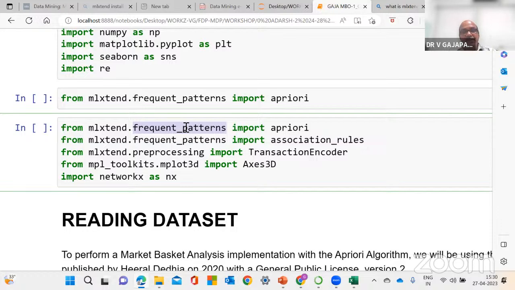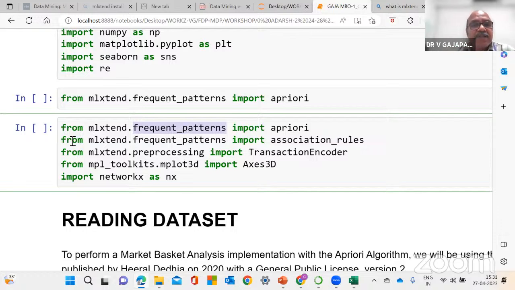I'm giving a pause. If there is any question, please ask. It is very easy also. Therefore, in probability terms, how can I say it? Say, for example, probability of buying egg given bread. Already I have purchased bread. Then what is the probability of buying? This is called a priori probability. That is why the package itself is Apriori. The same thing is in the R programming also.